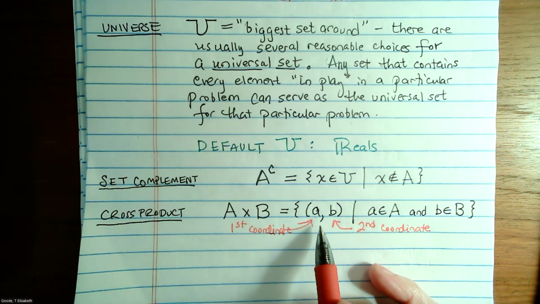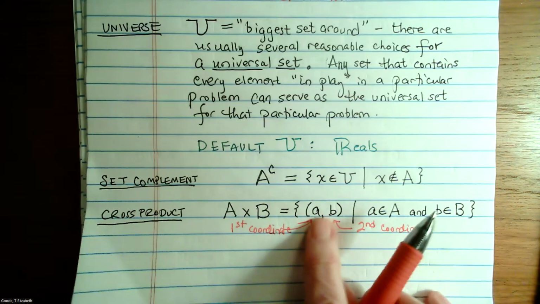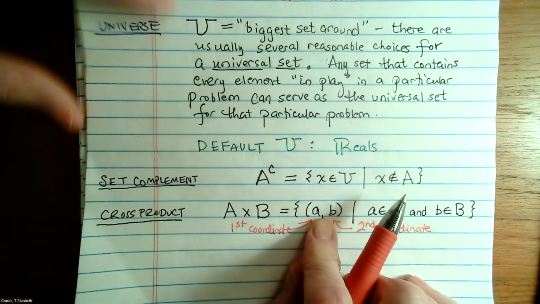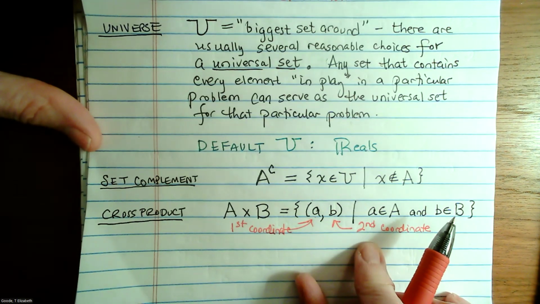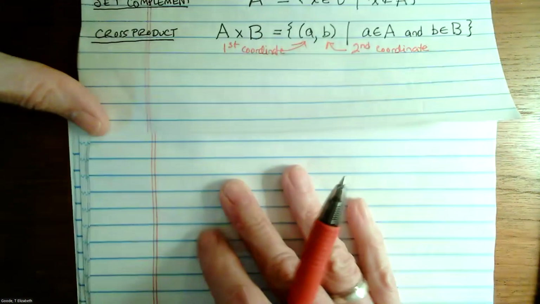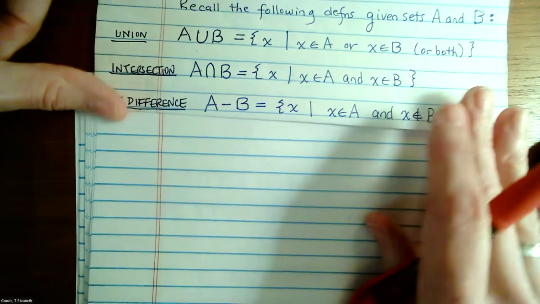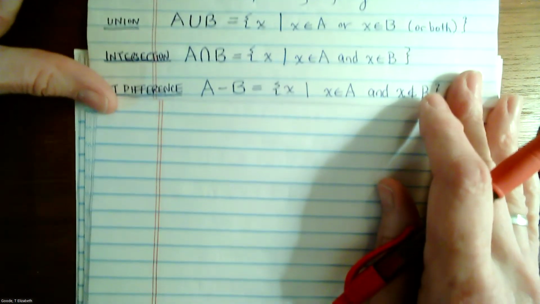So that's why we need to use parentheses rather than set brackets when we build ordered pairs. Symbols actually really matter. All right, let's start with an example here. And since we're back starting with a new section, we'll number our first example. Example 1, we want to practice these concepts.